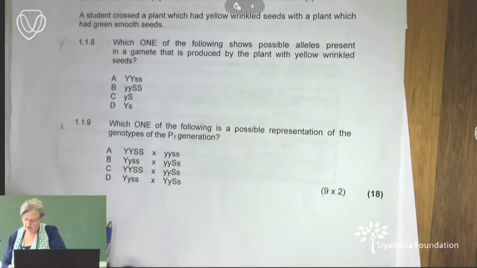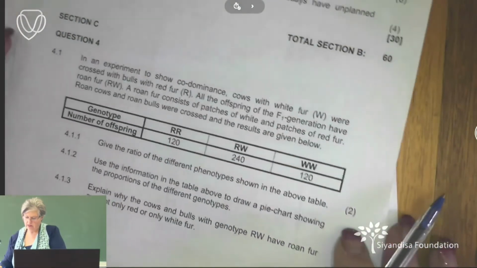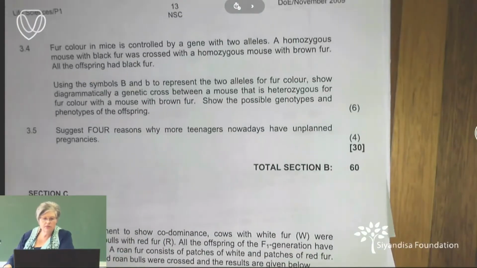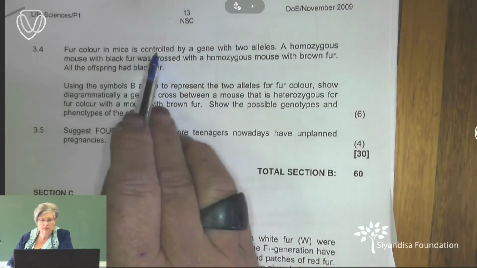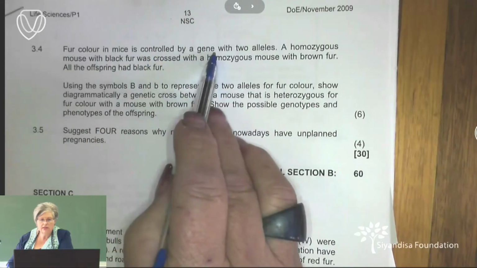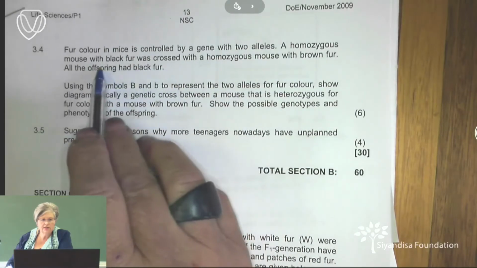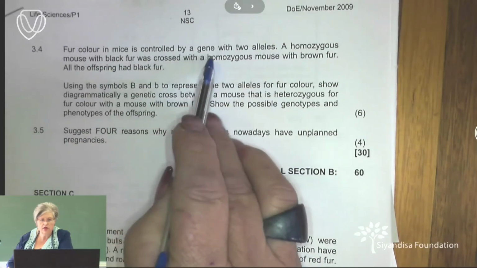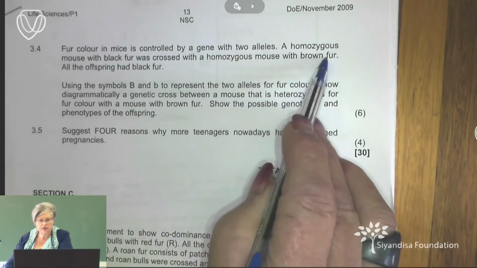Now, I want to skip this one because it's almost diploid. There's another example. It says fur color in mice is controlled by a gene with two alleles. The homozygous mouse with black fur was crossed with a homozygous mouse with brown fur.